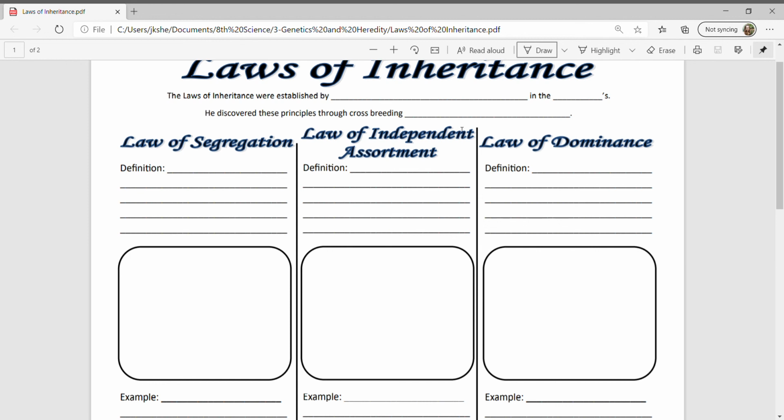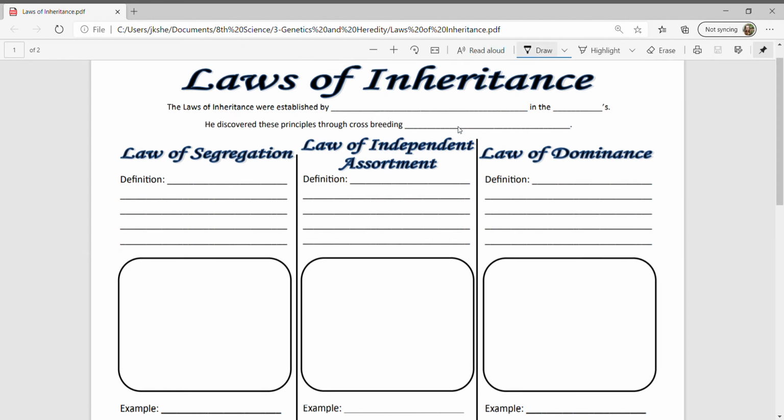So the laws of inheritance were established by a geneticist named Gregor Mendel, who we have talked about several times in our recent lessons, and that was established in the 1800s.